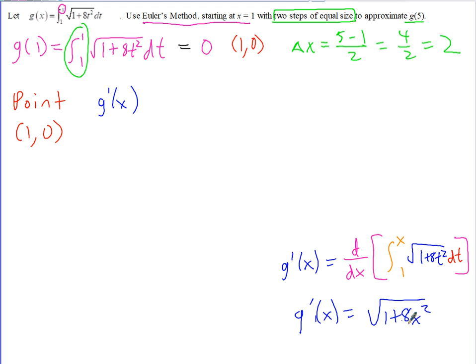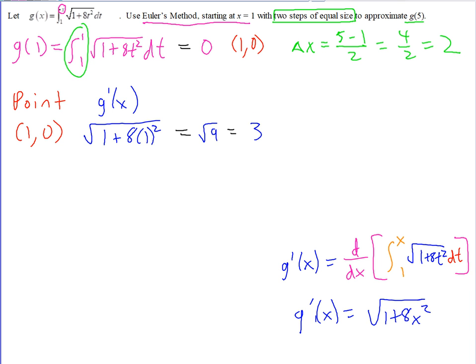So now we can use that to plug in our x coordinate of 1. This would be the square root of 1 plus 8 times 1 squared. So we get the square root of 9, which is 3. That's our derivative, 3.